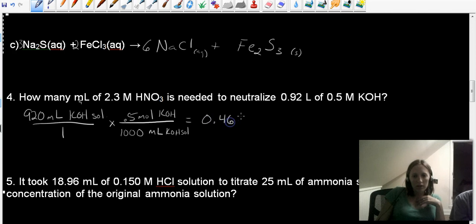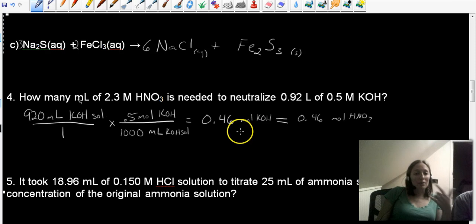I calculate 0.46 moles of KOH. Now, this being a base, and this being a monoprotic acid, those will neutralize when you have equal amounts. 0.46 moles of HNO3 would neutralize 0.46 moles of KOH. So how many mLs of that do you need? Then you're going to go, okay, well, I've got moles and molarity, and I want mLs. That's molarity equals moles over liters.